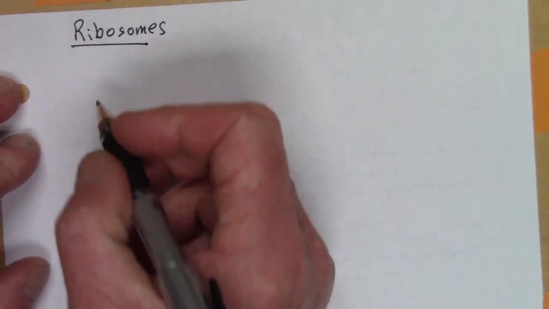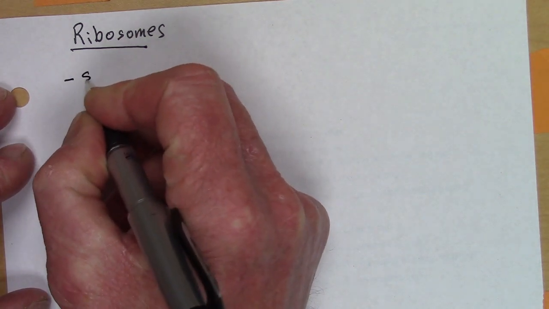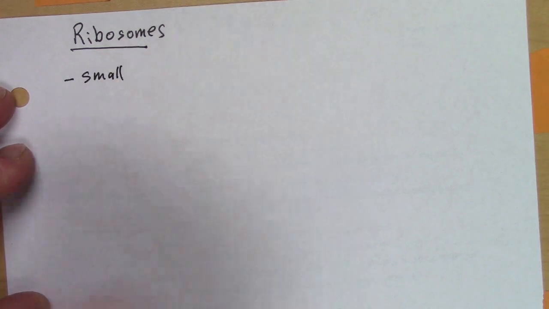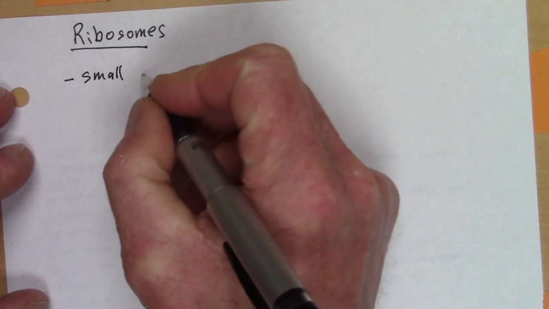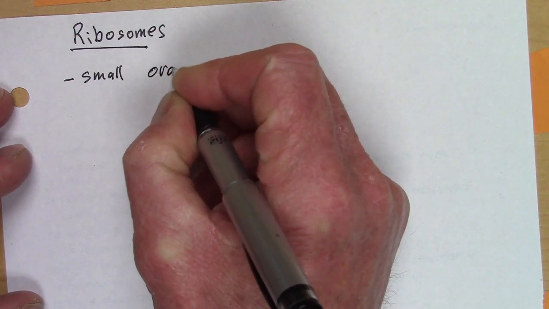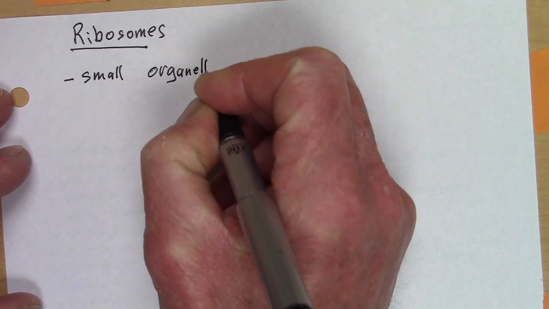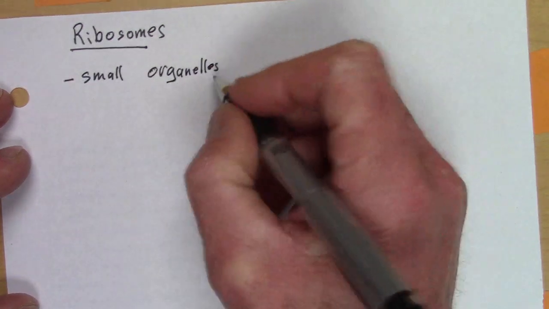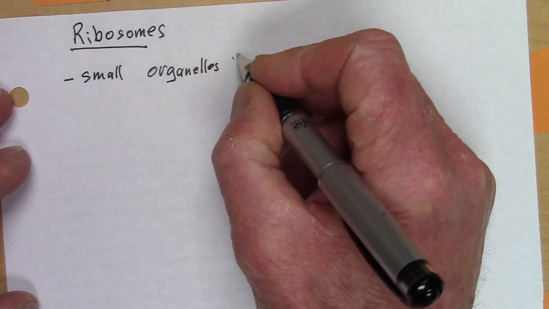And ribosomes are very small organelles. I mean, all of this is microscopic, but they're relatively small compared to other organelles. Small organelles. And they have no membrane around them.